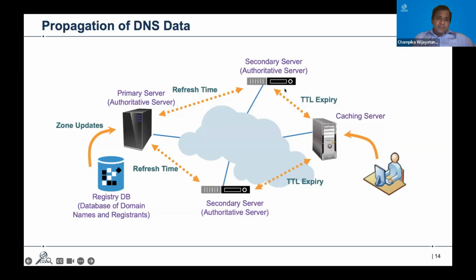Or if a user is in Singapore, for example, it may be contacting the server in Singapore, which at 9 p.m. still has not received this data because the refresh time is 12 hours. It has to wait until 3 a.m. to get that data, right?